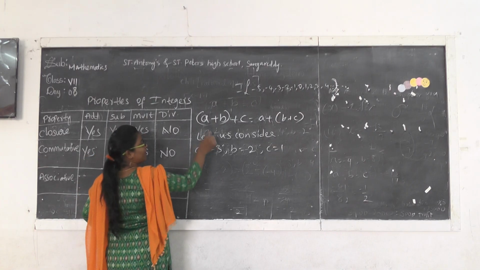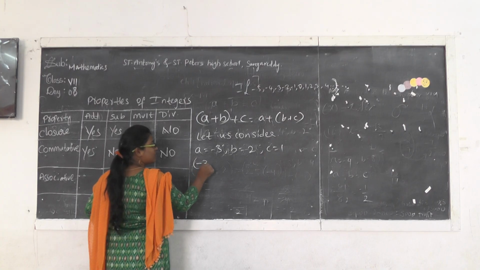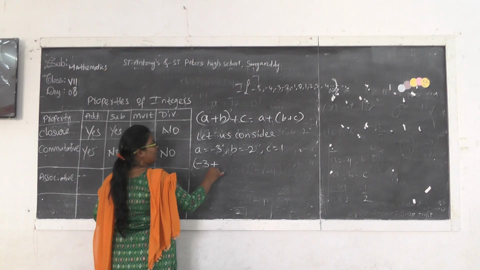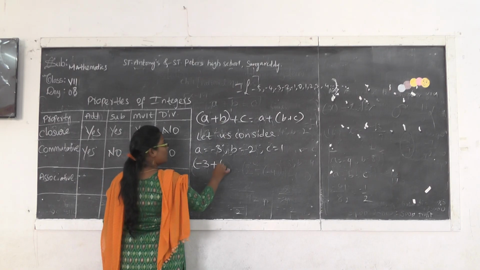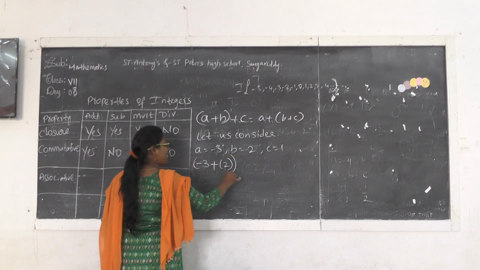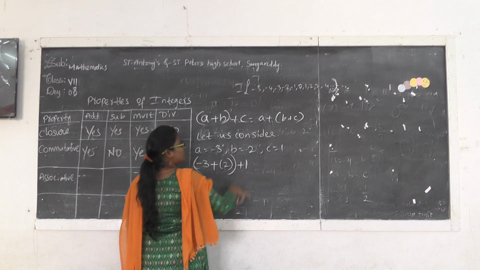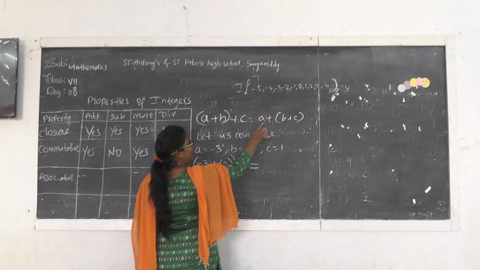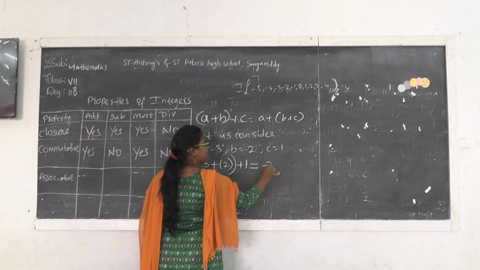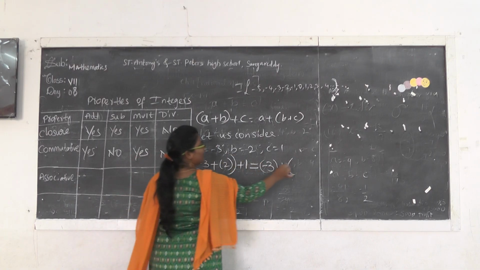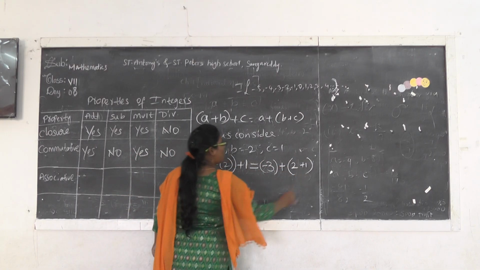Now substitute. In the place of A, minus 3. Observe the simplification part very clearly. In the place of A we write minus 3 plus B. B means 2, so write 2, close the bracket, plus C. C means 1, so write 1, equal to, in the place of A, minus 3, plus, open the bracket, in the place of B 2, in the place of C 1.